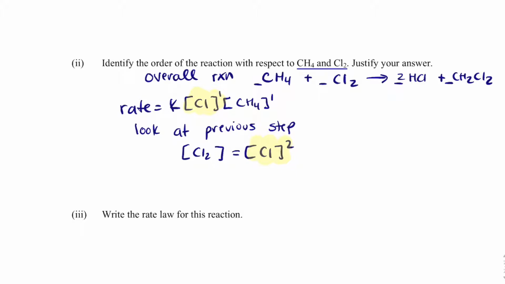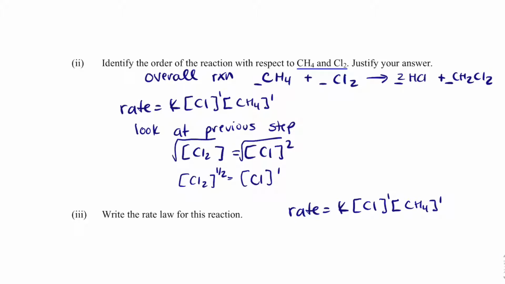I need to make them exactly the same for substitution to work. So I'll take the square root of each side, and I'll get Cl to the first power is equal to the square root of Cl2. And if you remember from algebra, that's just to the 1/2. And now I have an even substitution. So I will substitute it, and I can actually do that without erasing too much. And there we go. That's the final answer.